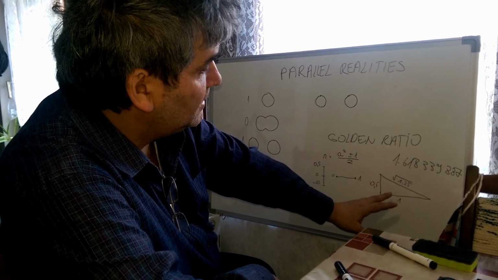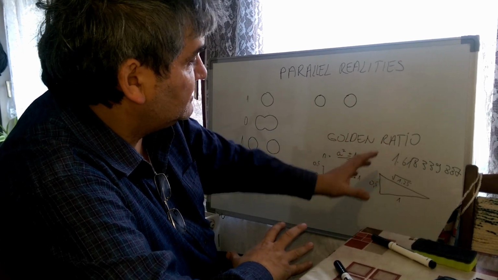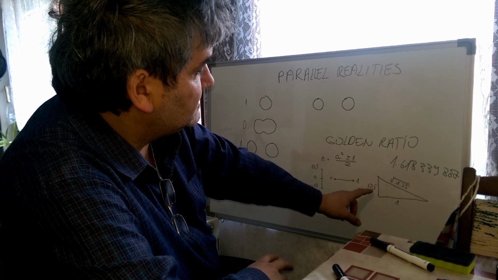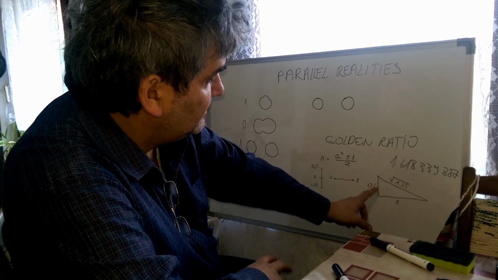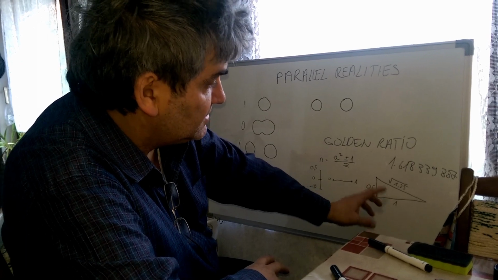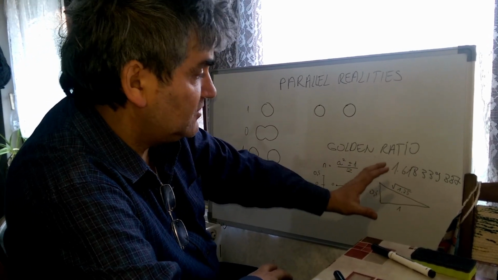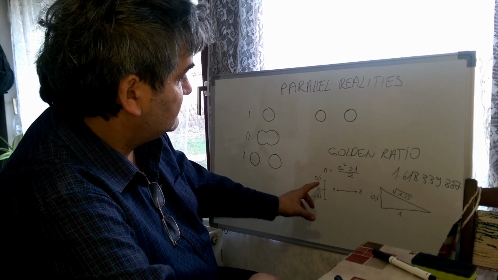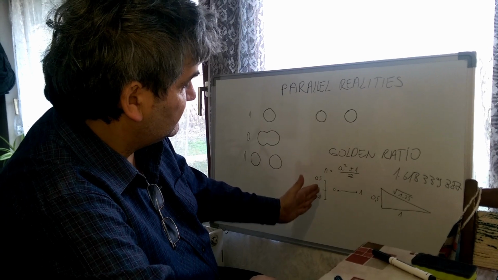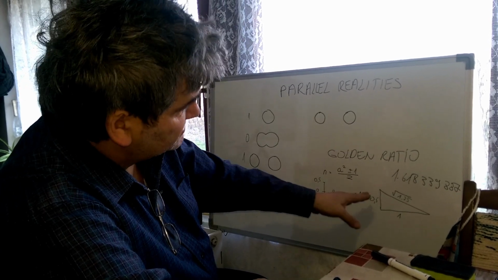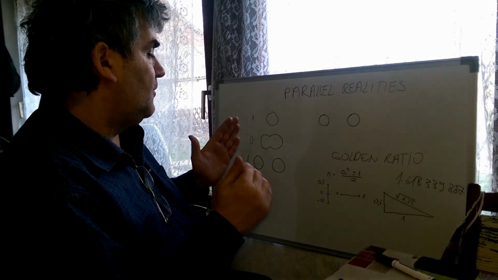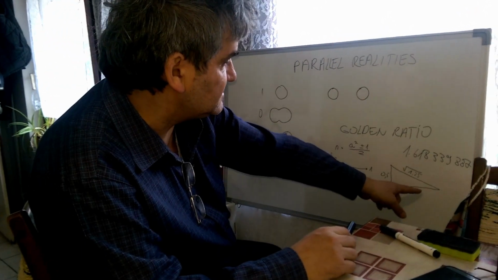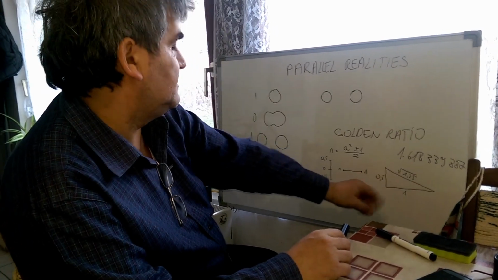So every time in reality you have something at a right angle where one side is double the other, the ratio is 2, it means it's a golden section or golden ratio. I said 0 alone is just a vertical line, 1 is just a horizontal line, but when you combine them together, you get this golden section ratio.